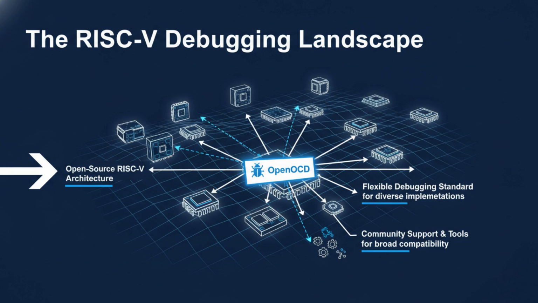Its highly configurable nature, driven by community contributions and an active development ecosystem, makes it an ideal, vendor-neutral tool for debugging various RISC-V cores. It provides a standardized, open-source approach to interfacing with the debug modules of different RISC-V implementations, ensuring that developers aren't locked into proprietary debug solutions.